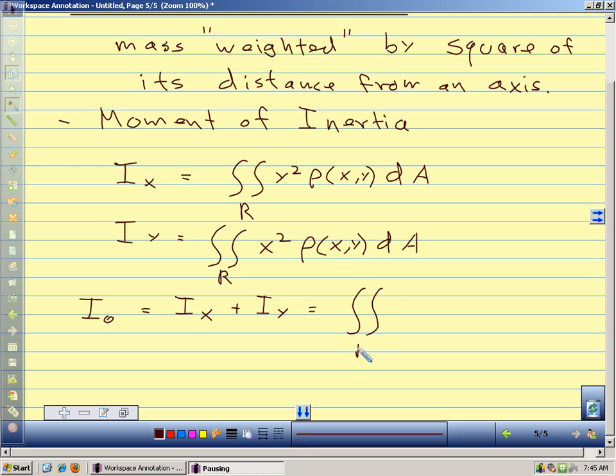And that's the integral over our region of x squared plus y squared times our density function times dA.